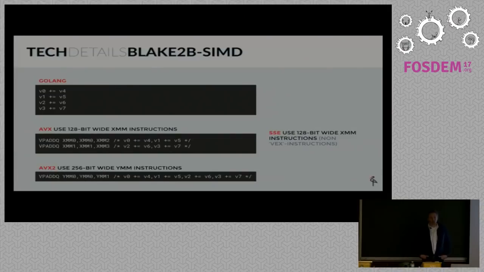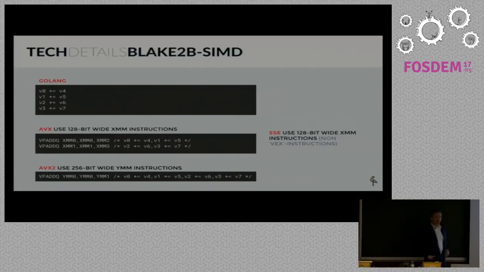So this allows you to do 2 additions in parallel, and this is what you see here. With AVX, you use what are called the XMM registers, which are 128 bits wide. So whereas here it's 2 lines, you can do it here in a single line. Likewise, the second XMM instruction will also take care of 2 of these. So you can go from 4 instructions to 2 instructions.